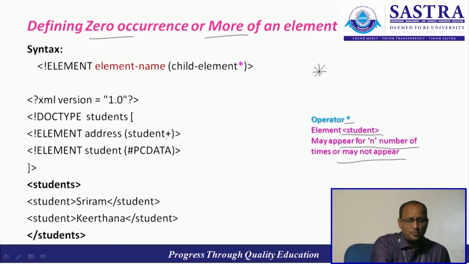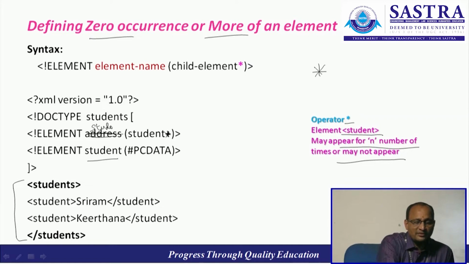So what is the operator that should be used here? It should be asterisk, star. And the element student, and what is the name of this? Students, as per this XML document, the students is a root tag, and here it should be student.